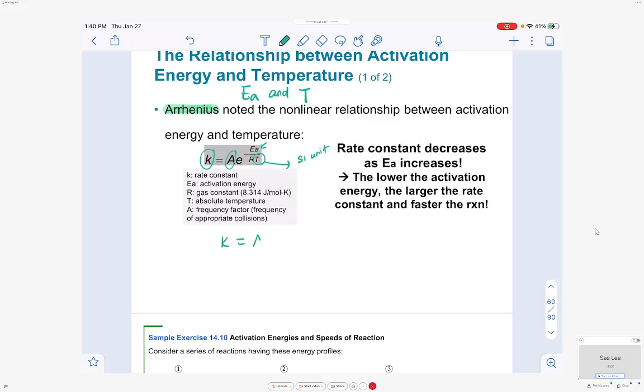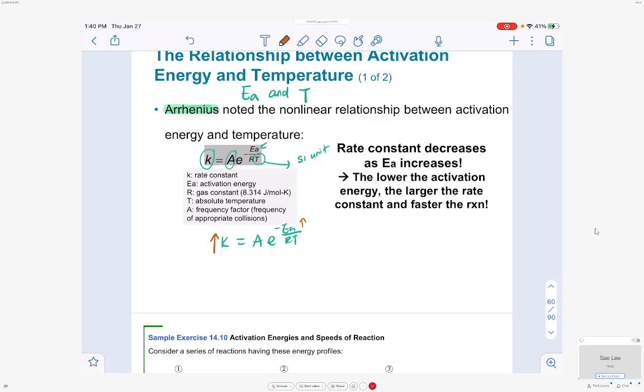Okay, so this mathematical expression basically tells us that the rate constant k will increase as the activation energy decreases.